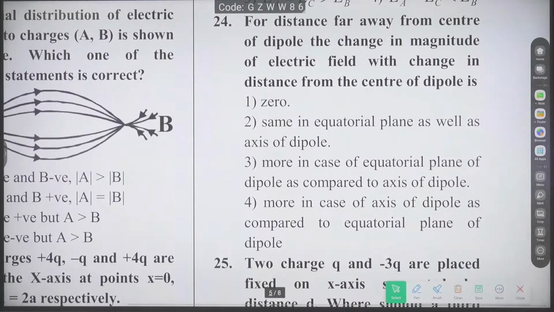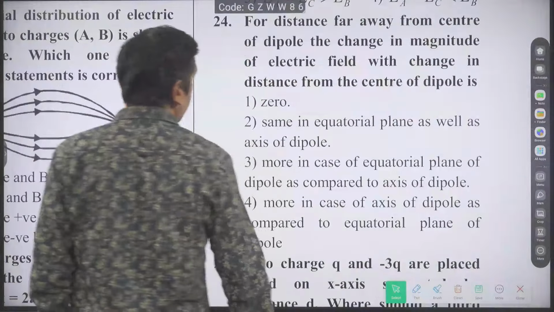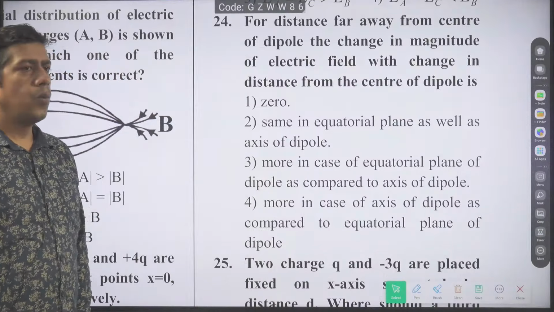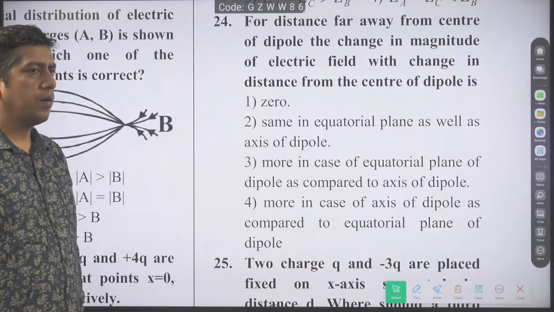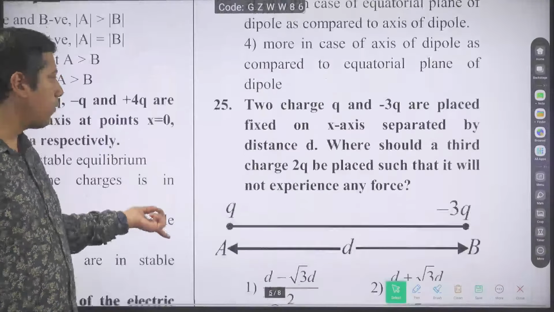24. Yeah, due to those two factors, we say more in case of axis of dipole.